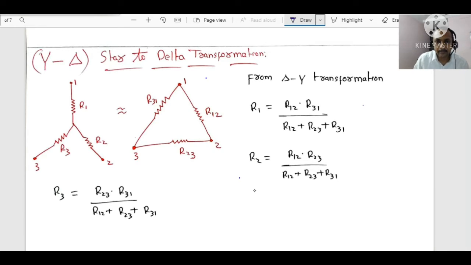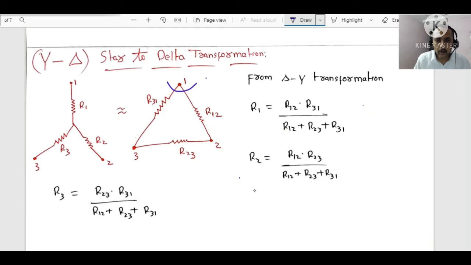For a given delta, if you want its equivalent star, if I want R1, I am multiplying these two, R12 into R31, whole divided by the denominator, which is the same as we discussed earlier. The denominator will be R12 plus R23 plus R31.